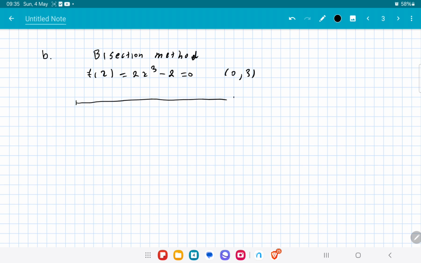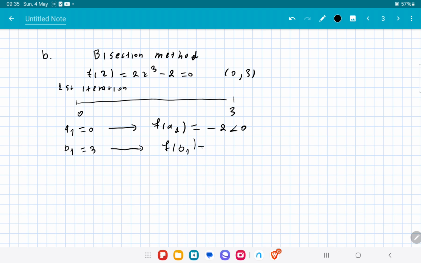So a1 is 0, b1 is 3, and that's my first iteration. I evaluate at a1. This is going to be -2, which is a negative value.